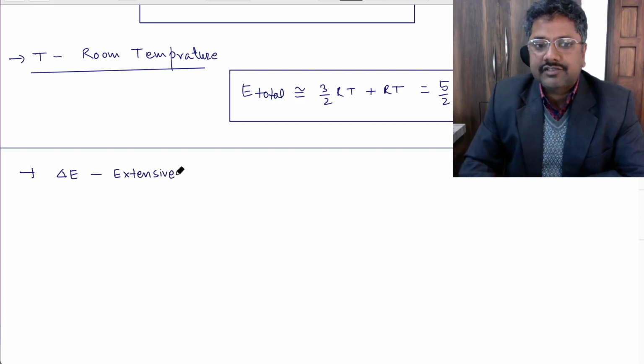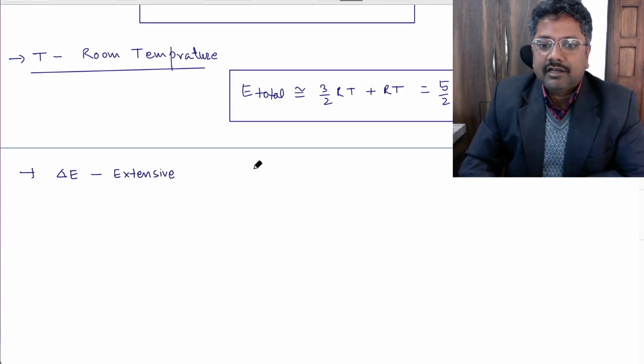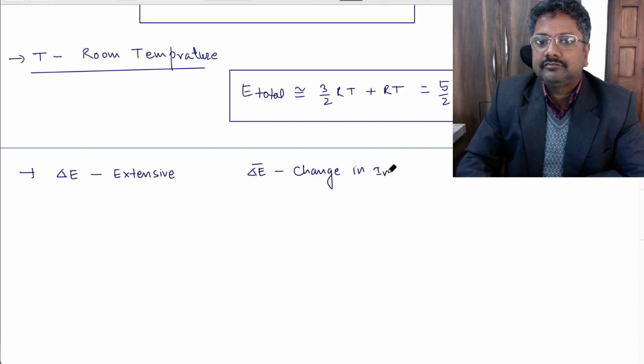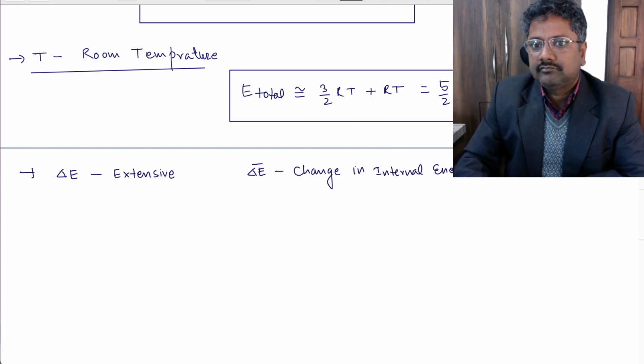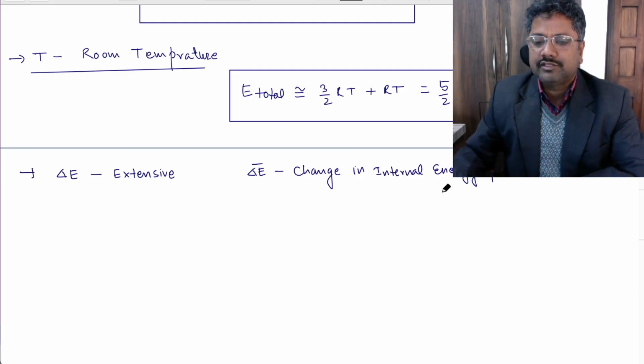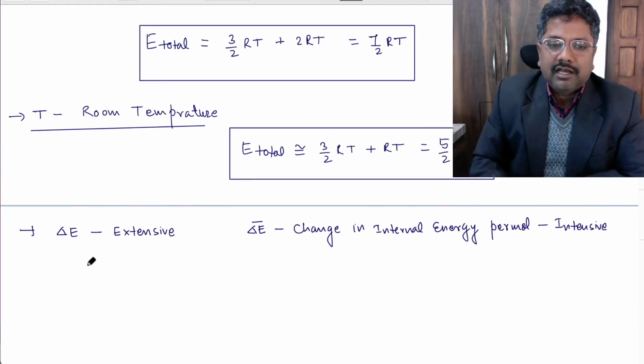And if you take molar internal energy change, that is, change in internal energy per mole, energy per mole, then this is intensive. It is a molar property, so this is intensive. And this is a state function.